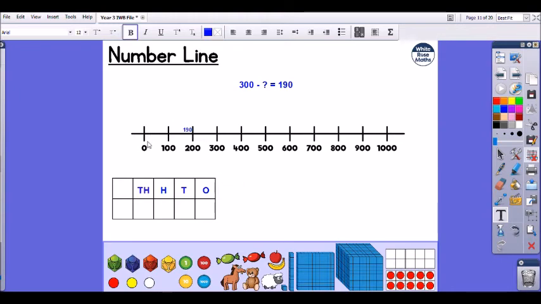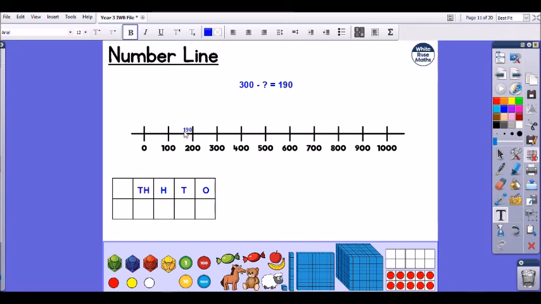So I know that in between 0 and 100, I can count up in tens. 0, 10, 20, 30, 40, 50, 60, 70, 80, 90, 100. And I can use that exact same number pattern in between all of these hundreds. 100, 110, 120, 130, 140, 150, 160, 170, 180, and finally 190. So I could find 190 right before the number 200 on this number line, and that's where I'm going to start.